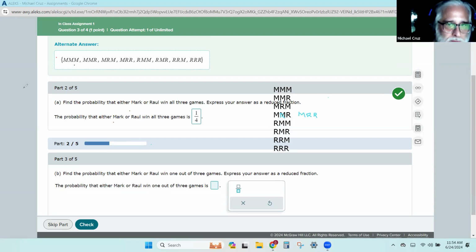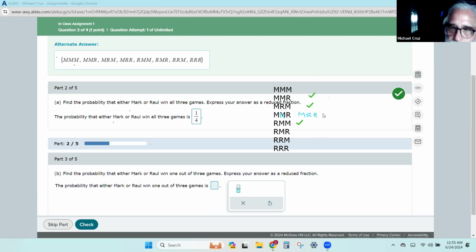Let's just double check. So Mark or Raoul wins 1 game. So this one, Raoul wins 1. Raoul wins 1. Raoul wins 1. All right, now let's go back and do the Mark ones. Mark wins 3, so not that one.